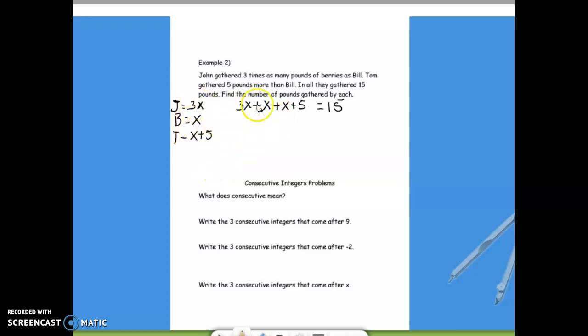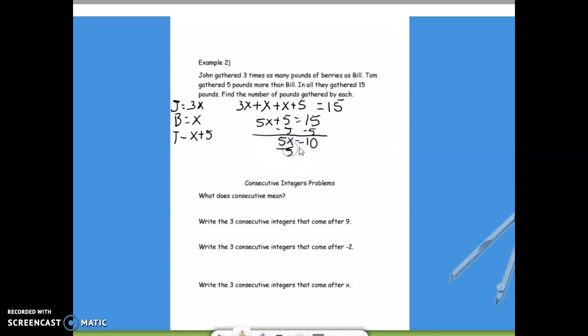Sometimes people just add them up on the side here, but I just wanted to write out this first one for you. So we got 3x, x, and x. So how many x's do we have? We have 5x, right? 3, 4, 5x plus 5, right? Equals 15. Now we're going to subtract 5, right? Okay. So we got 5x equals 10.